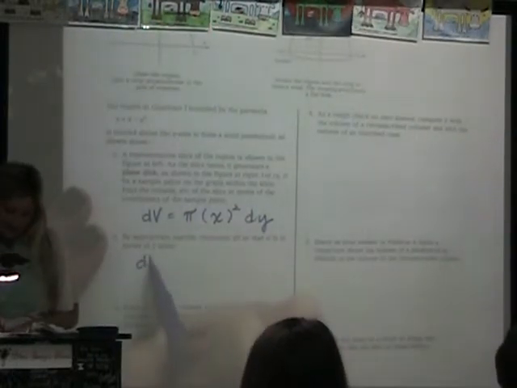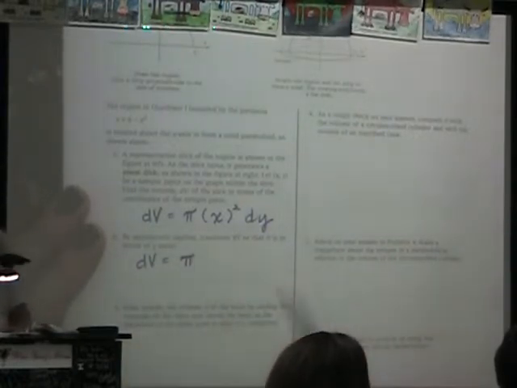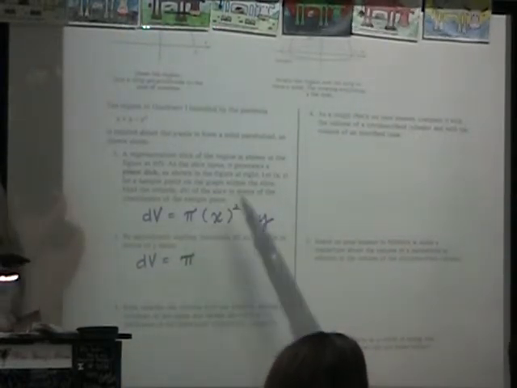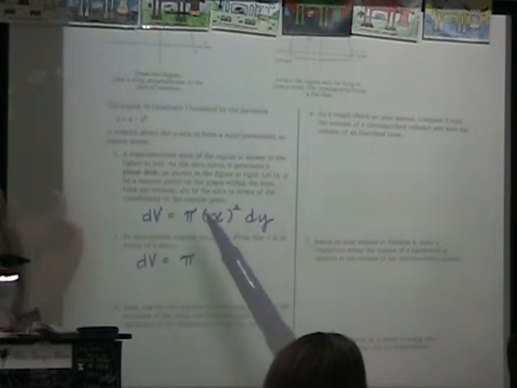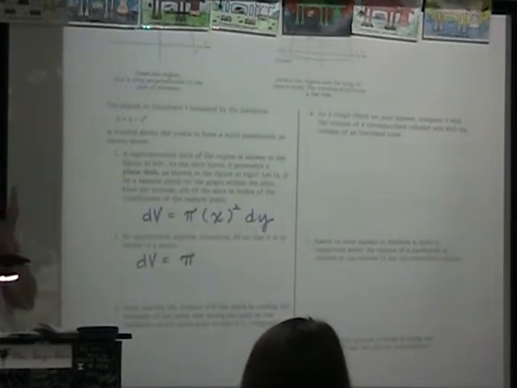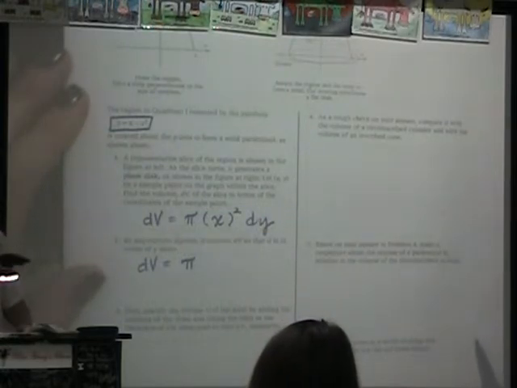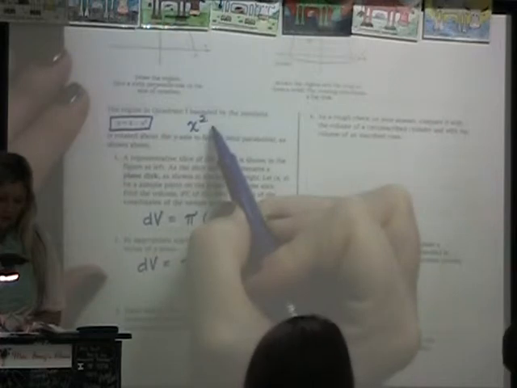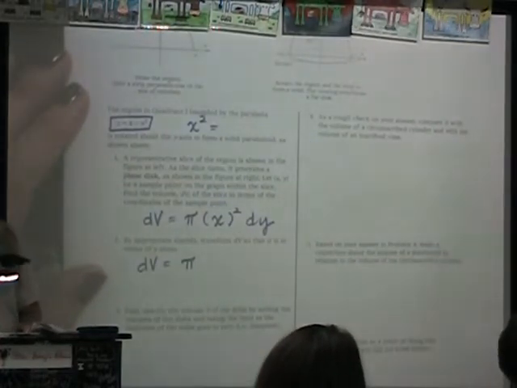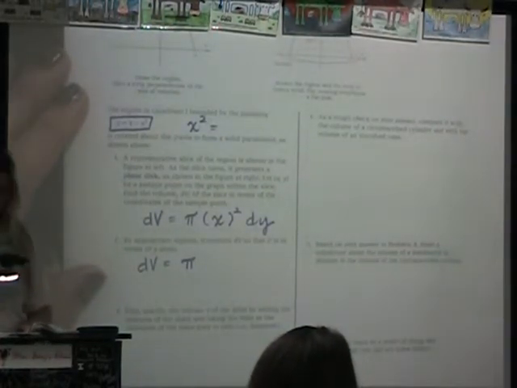So I have dV equals pi, and I need to sub in something for x squared. I need to get it only in terms of y. If you look back up at the function, y equals 4 minus x squared, and we solve it for x in terms of y, what's x squared equal to? 4 minus y.